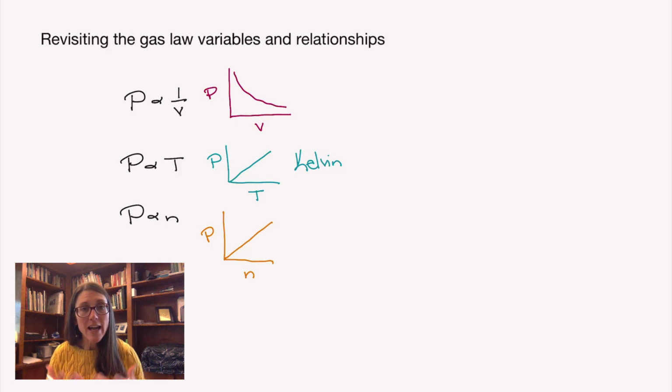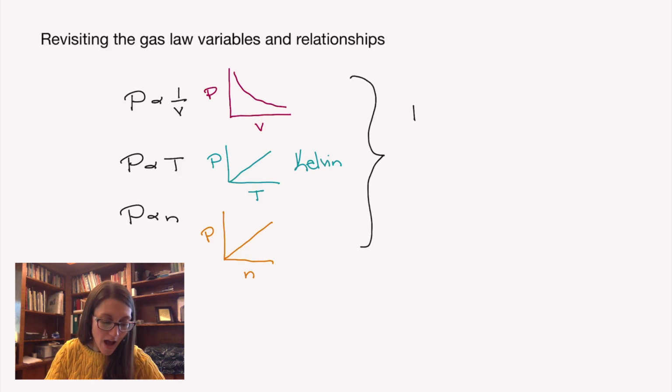Our goal today is to put all of these relationships together into a mathematical expression that will allow me to look at one gas, not changing, but at a gas at one moment in time. So if I combine these relationships, I have that pressure will be proportional to the number of particles and the temperature.